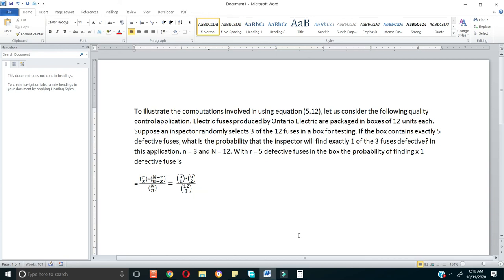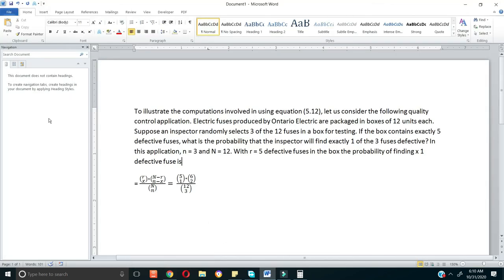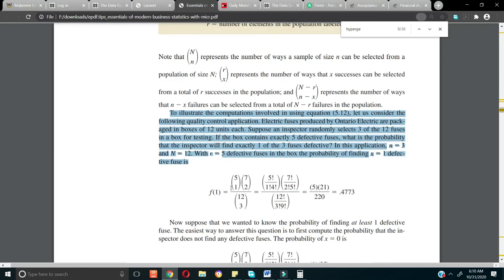So let me just check, is that the correct form? So 12, 3, 5, 1, 7, 2. Oh okay, so this was N minus R. This had to be 7, right? I'm looking at this part over here, just to see if you're getting the right equation.